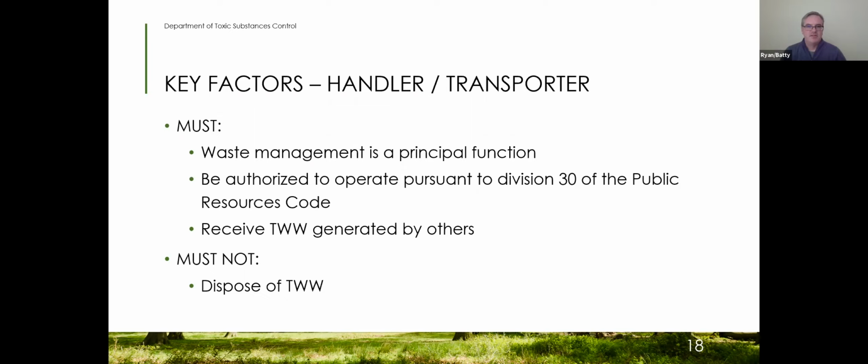So the other 2 categories of variance are disposal facility and emergency response. Disposal facility is, we think, relatively straightforward and easy to understand, so we don't plan to speak to that in any significant detail. And emergency response is a special category that we created.